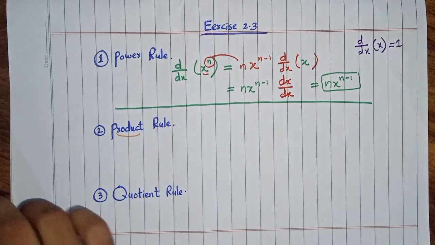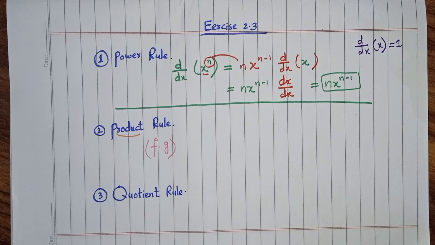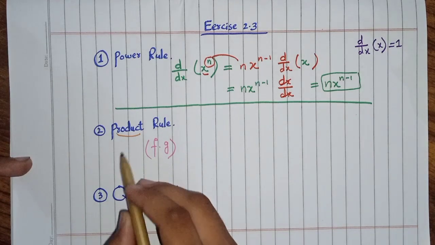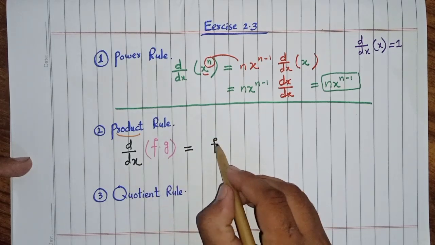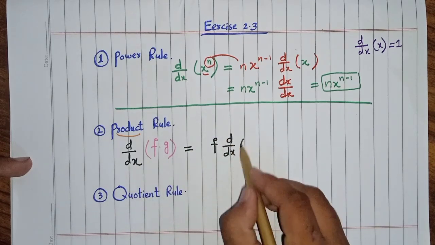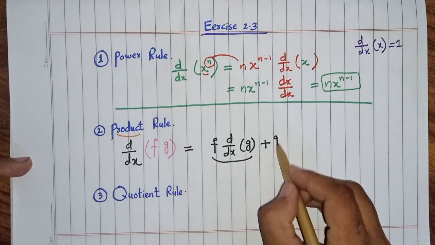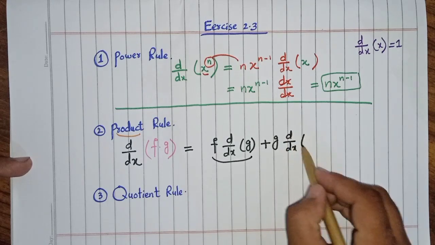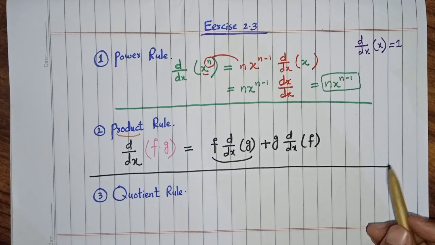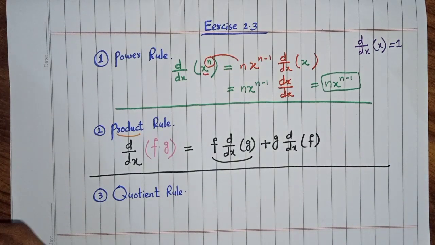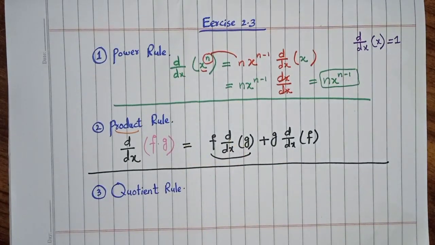If there are two functions, f and g, and we want to find the derivative of this, then d over dx of fg will be equal to f times the derivative of the second function g, plus we replace both of these, g times d over dx f. This is called product rule. We apply product rule when two functions are in the form of a product or multiplication.